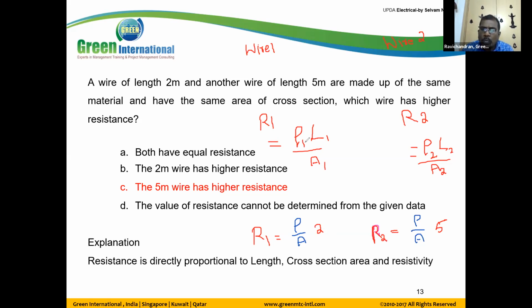So that's why I put rho 1, rho 2 are the same.